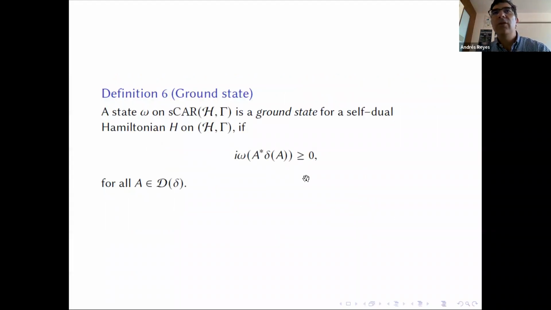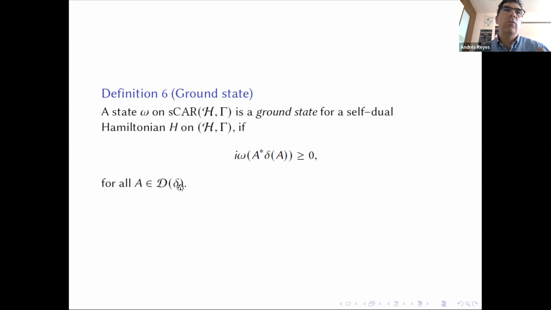So as for the definition of a ground state, if we have a Hamiltonian, then this Hamiltonian will induce a derivation in the algebra, which I call delta. Delta can be thought of just as the commutator of H with A, modulo a constant.